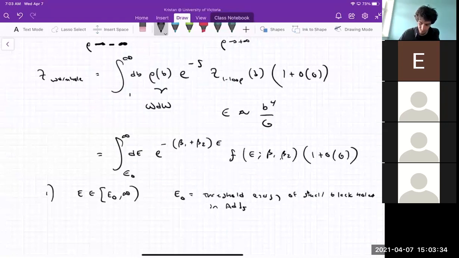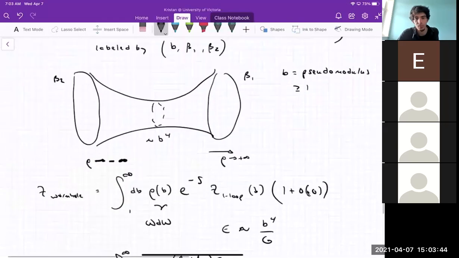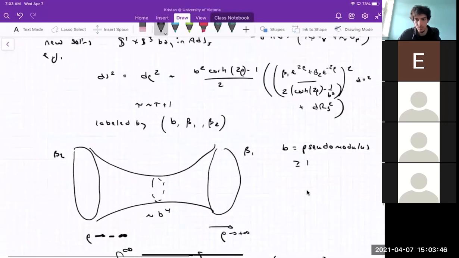So this is one connection already, off the bat, telling us that there's some connection between the wormhole and the black hole. The second is that the wormhole solution that I wrote up above, it's not obvious from the way that I wrote it down, is actually a particular analytic continuation of a black hole in Euclidean AdS 5.